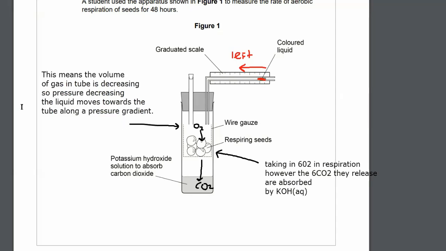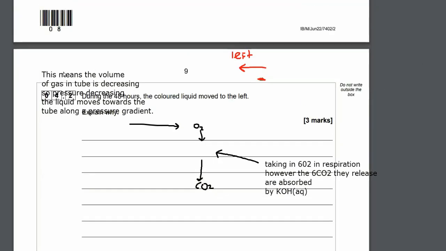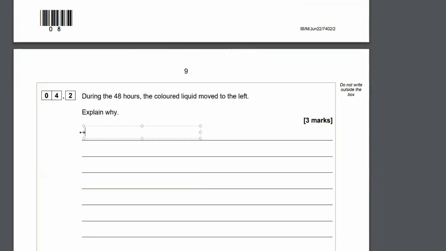It's sucked along to the left, down a pressure gradient from a higher atmospheric pressure in the air. You can see the end of the tube's open, so the air pressure there is higher than the pressure in the tube. So the red liquid is sucked along to the left. And that will get you your 3 marks. So let's smash that down into this answer here.